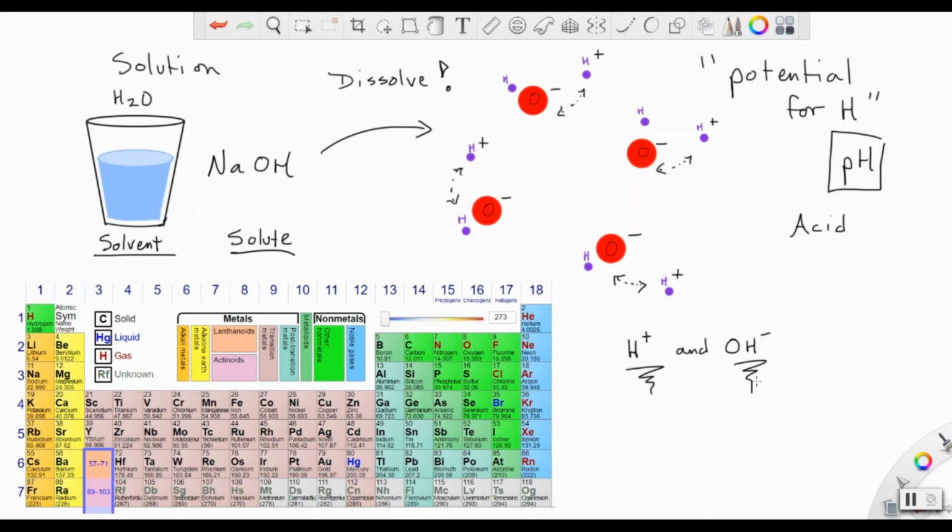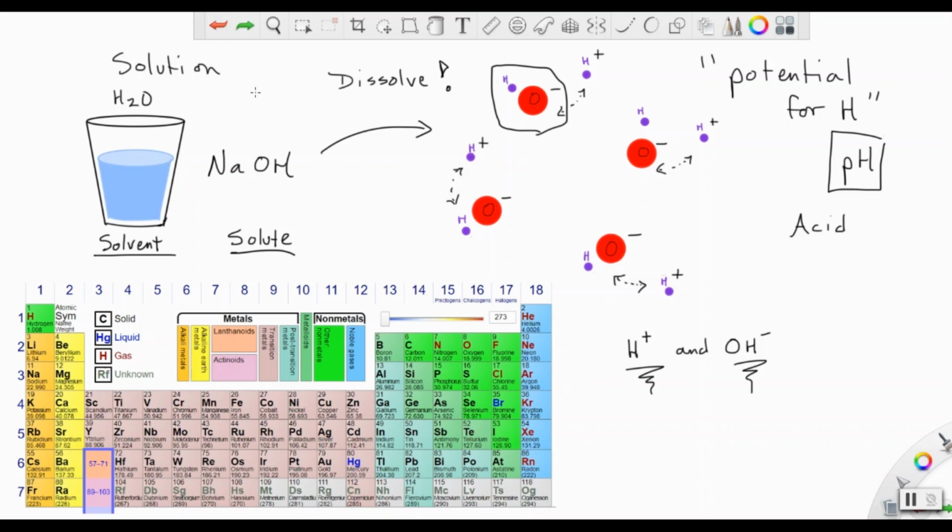If you put something into this solution that grabs the hydrogen atoms or the protons and binds them, then you will have this extra guy running around, right? But if you put something in that binds this, like we did previously, then you'll end up with a lot of this running around.